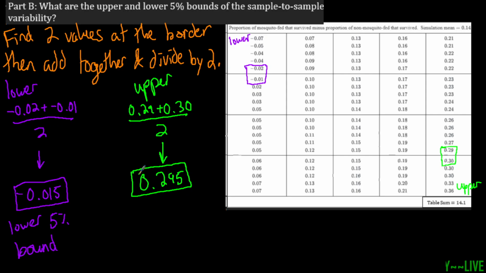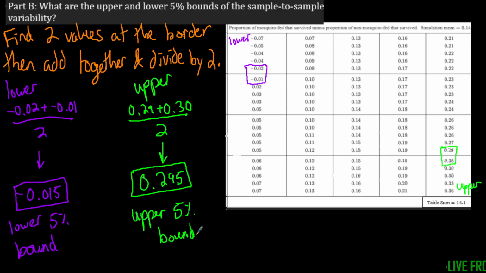We're going to say that is our upper 5% bound. It's really simple to calculate this, but it might be confusing at first. But I can assure you it's really simple, just looking at those different numbers.